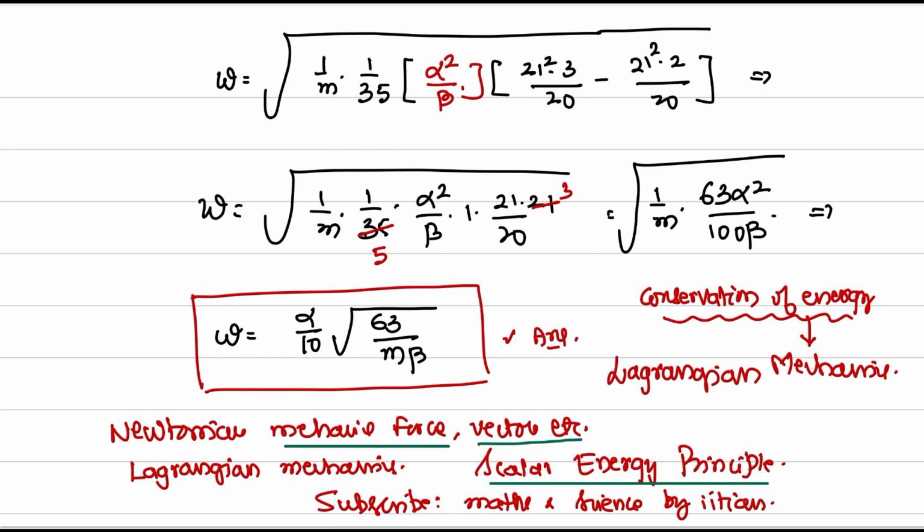It uses vectors, velocity, acceleration, force, these things it will use, whereas Lagrangian mechanics goes for scalar and energy principles. Both result in equation of motion. Same equations of motion. EOM is equations of motion.